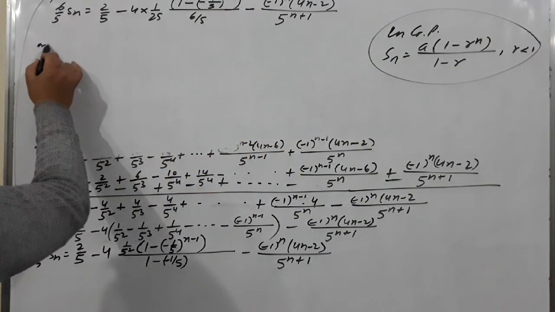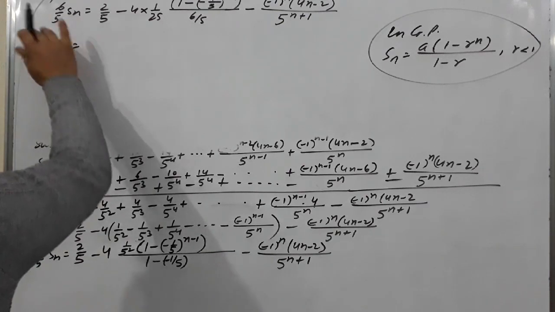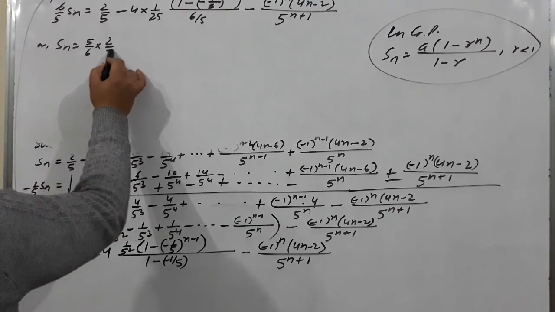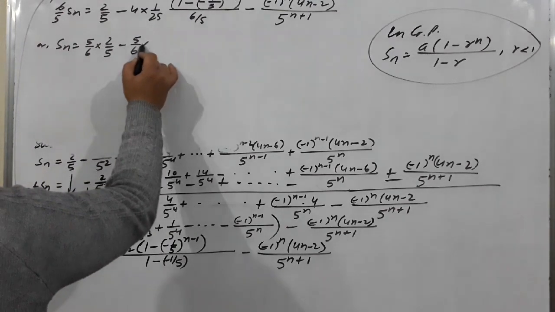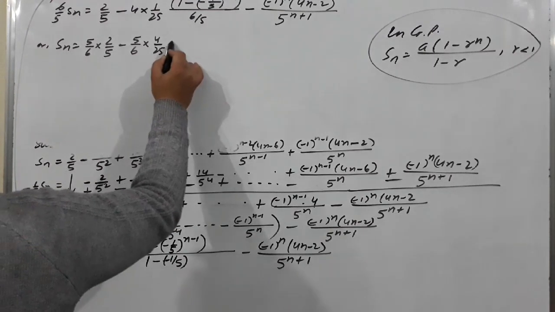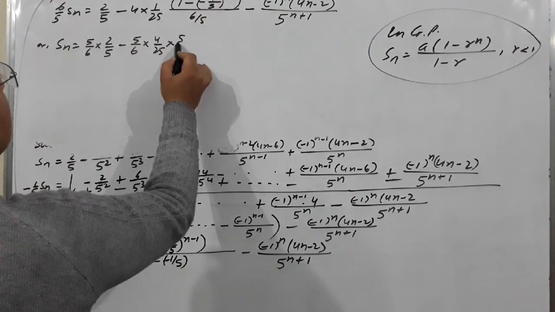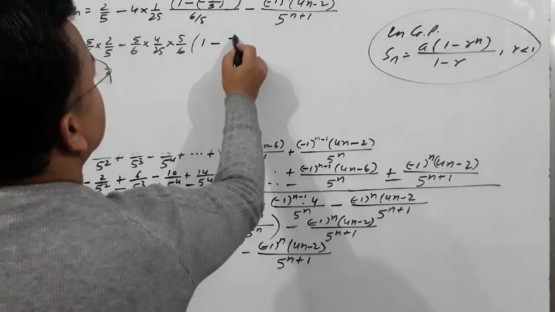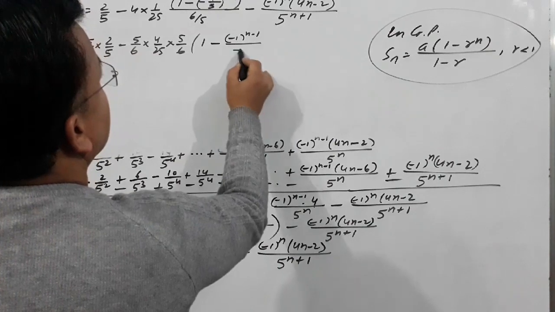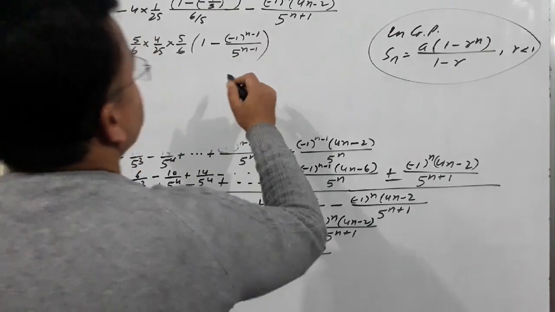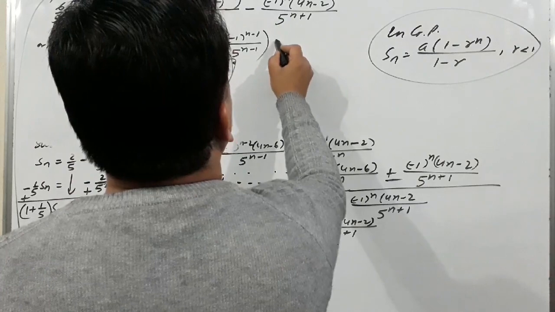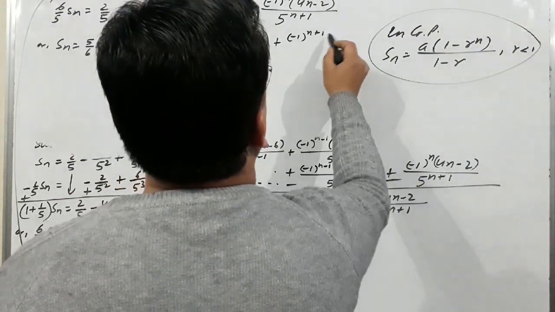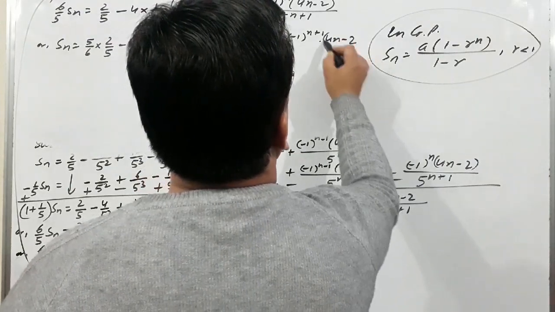Or you can write Sn is equal to, just multiply each and every term by 5 by 6. 5 by 6 times 2 by 5 minus 5 by 6 times 4 upon 25 times, it will go up 5 by 6, and here 1 minus minus 1 raised to n minus 1 over 5 to the n minus 1, and here one more thing, we can make plus also, minus 1 raised to power n plus 1 times 4n minus 2.